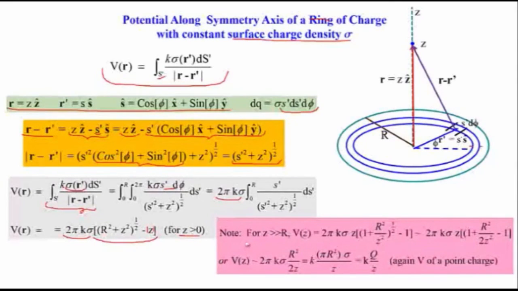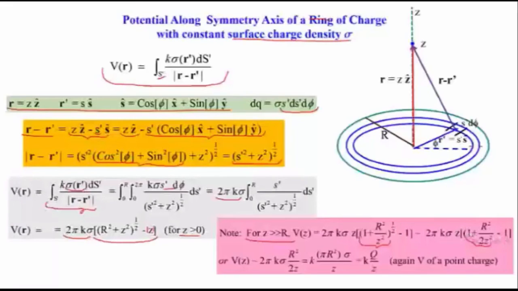It's a little more complicated if you want to look at far distances away. So you take the answer that I have here, factor out a z, and you'll get a term like this, minus 1. This is going to get small, so you can expand it, and so you'll get this quantity here, the first two terms, minus 1.